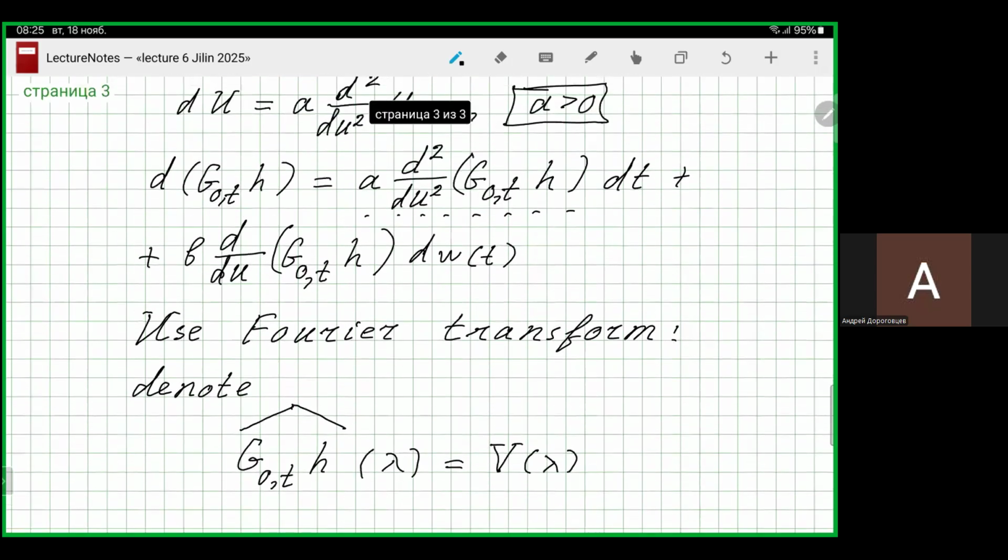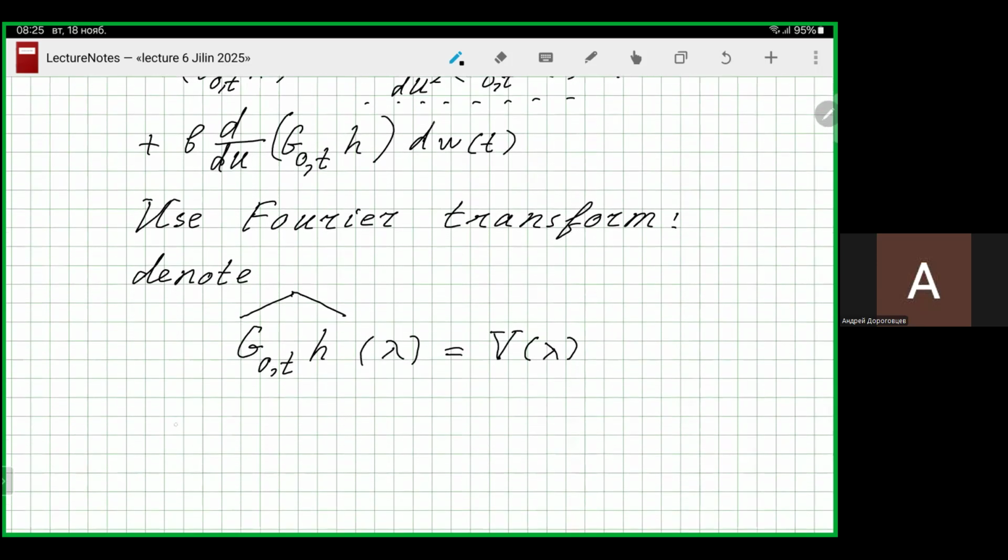Then for the function v of lambda, we have the following Cauchy problem.